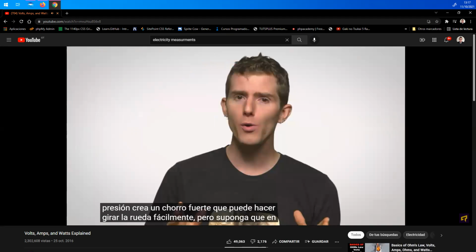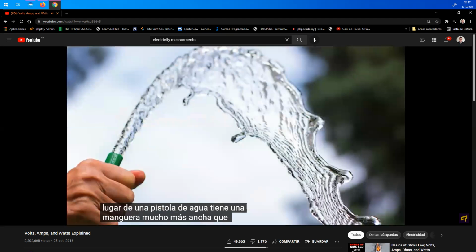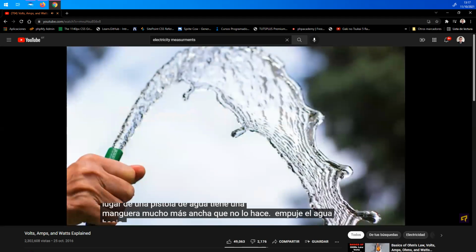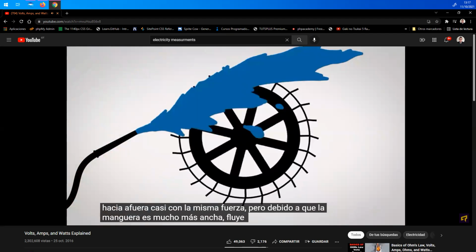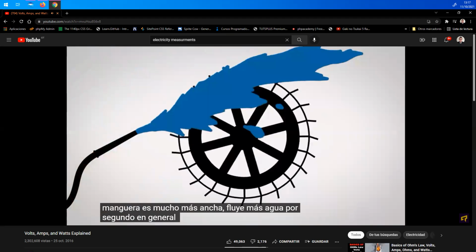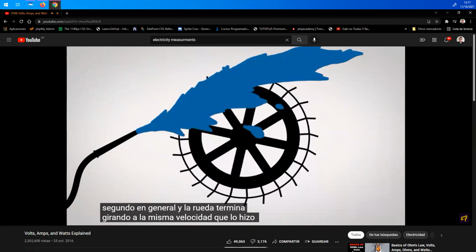But suppose instead of a water gun, you have a much wider hose that doesn't push the water out nearly as strongly, but because the hose is a lot wider, more water flows per second overall, and the wheel ends up spinning at the same speed it did with your water gun.